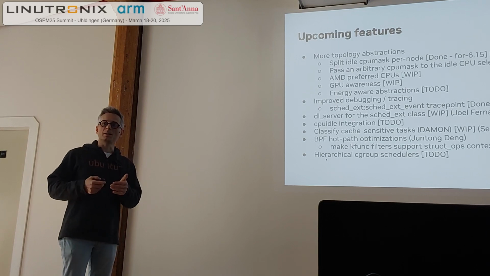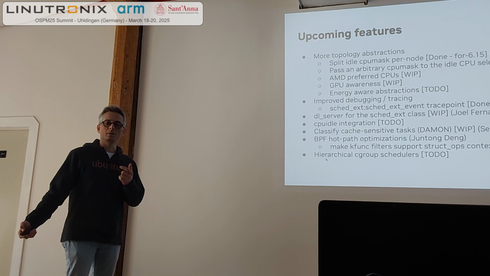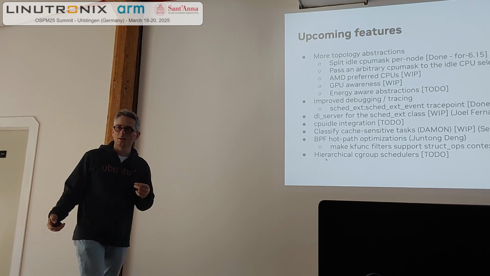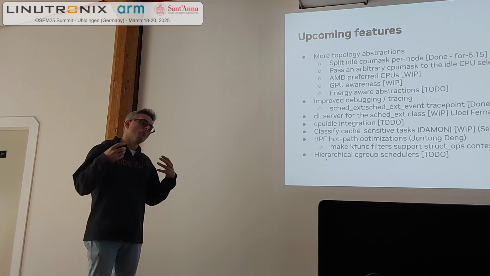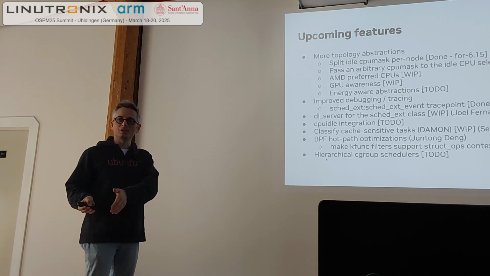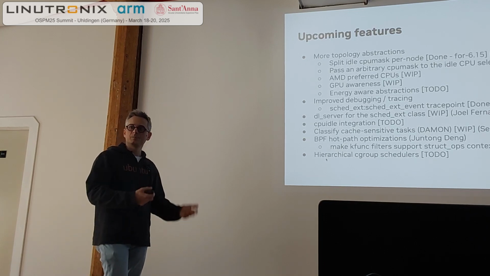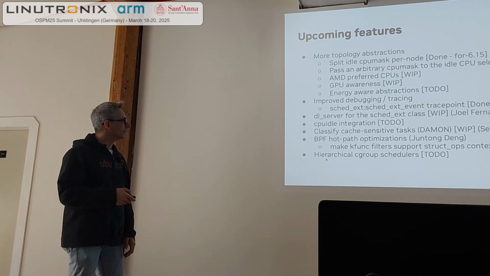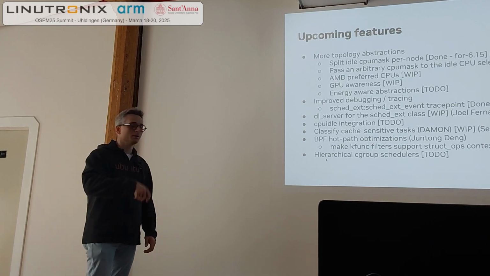And this is transparent. You didn't have visibility of this in your BPF scheduler. Now there's a trace point that you can use to catch these events, like when the backend is doing something against your decisions. That's also done. It will be in 6.15 when Tejun sends the pull request.